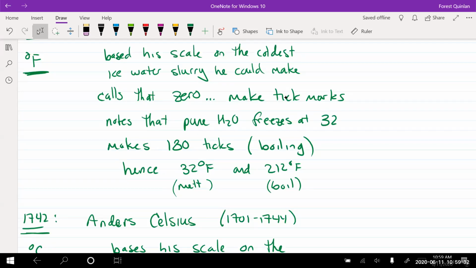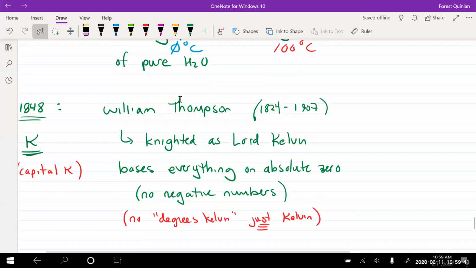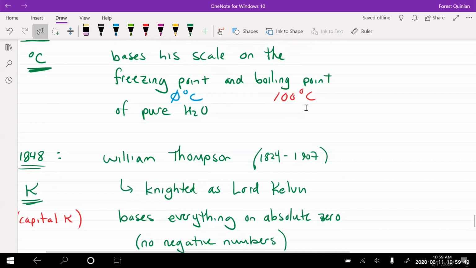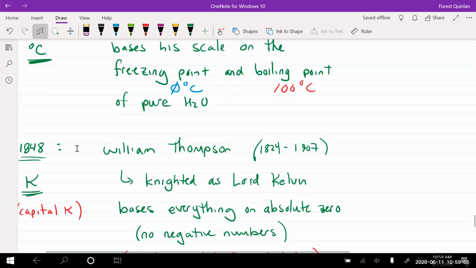So here's my advice. Don't discover anything. For real. Right? Except, look at this. William Thompson did break the curse. Here it is, 1848. He lives to be 1907. And I do want to point something out here. While Anders was about 40 years old when he made his great contribution, look at Mr. William Thompson. How old was he?